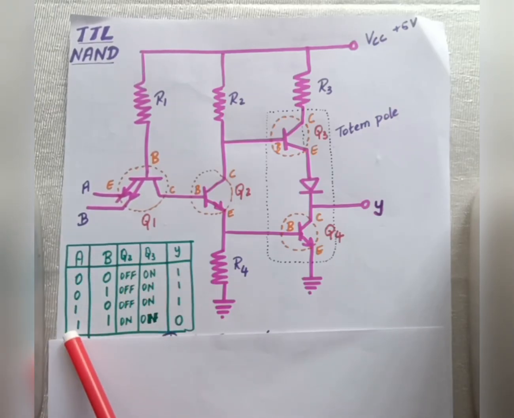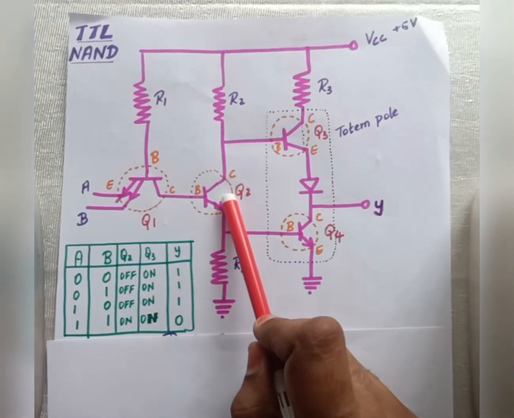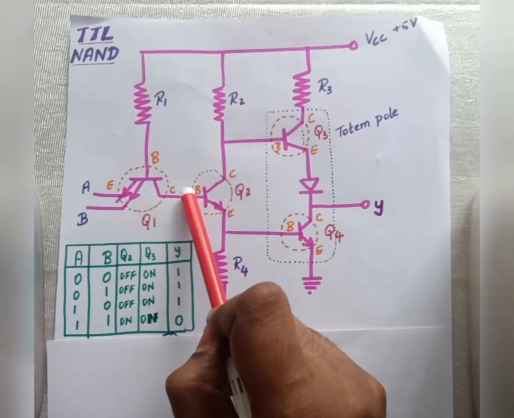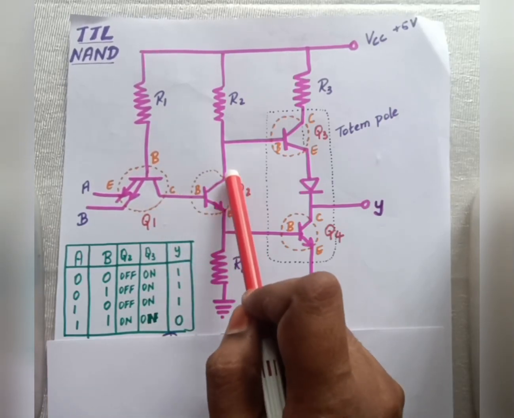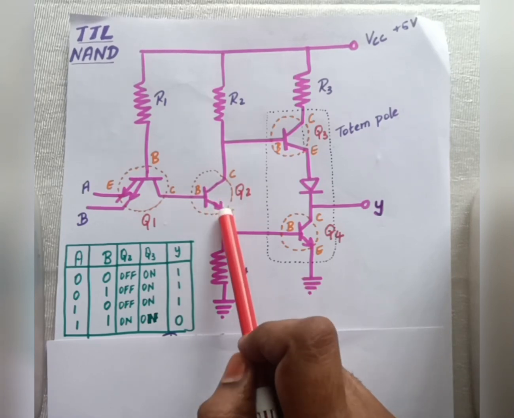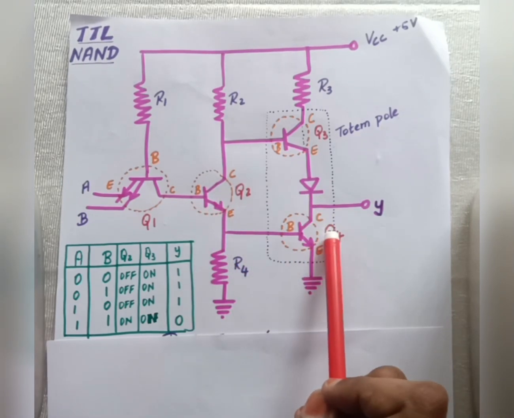Now, when A is equal to 1 and B is equal to 1, what happens? My Q2 is on. Okay, Q2 is on and I will have current voltage flowing from here. Since this Q2 is on, it is short circuited and it will allow current to flow. So since current flows through here, what will happen? Q4 also will be on.